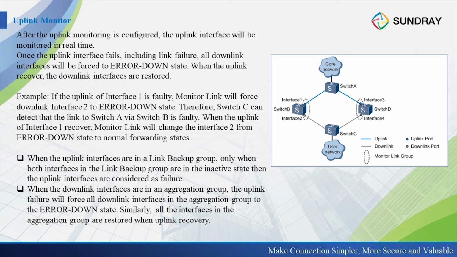And for switch C, when it detects that interface 2 is already error down, so this uplink is not available, it will change to use the backup port.